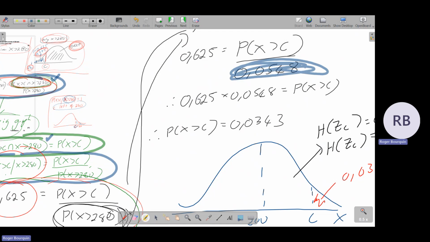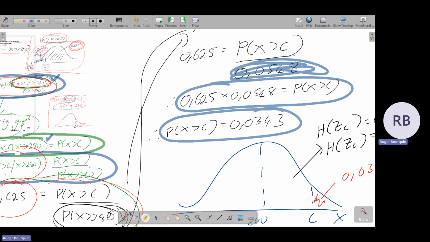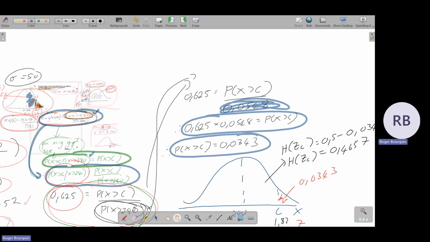So if I multiply these together, the probability that x is bigger than c is equal to 0,0343. Right, but now the question was, go solve for c.